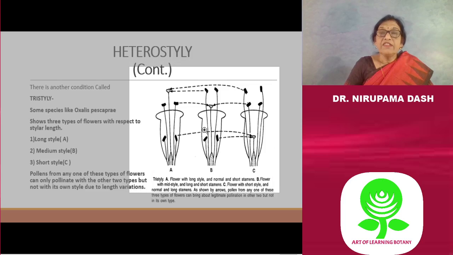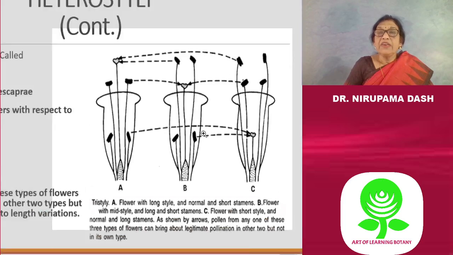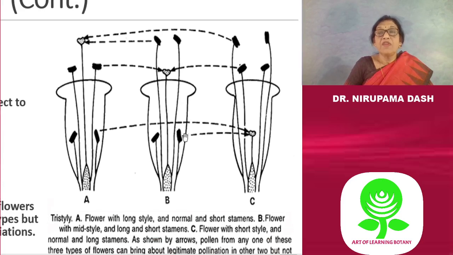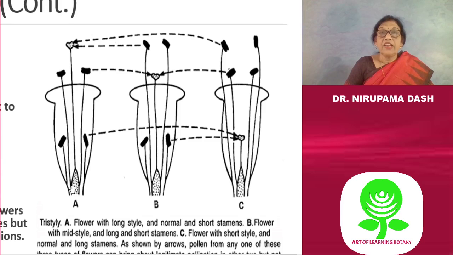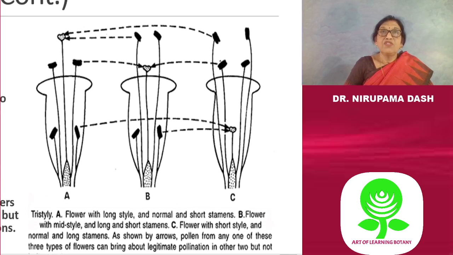Here you will find three types of flowers, depending on the length of the style. In some flowers, the style is long with medium and short stamens.